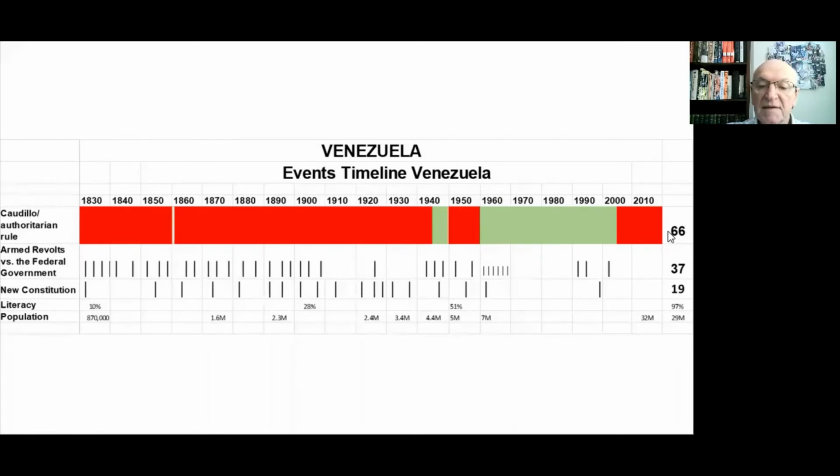They had 66 heads of state in that period of time, 37 armed revolts against the federal government, 19 constitutions. So how does this compare with some of the other Latin American countries? Well, let's take a look.